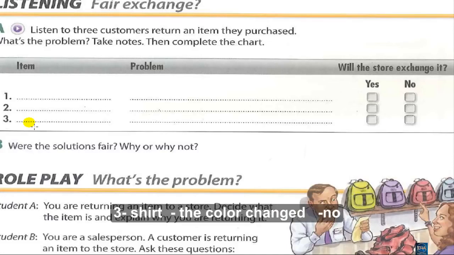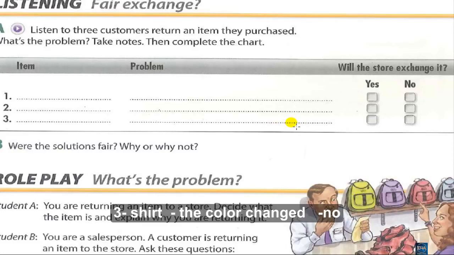Number 3. The item, shirt. The problem: the color changed from red to pink during washing. Why? Because the man didn't read the instructions.